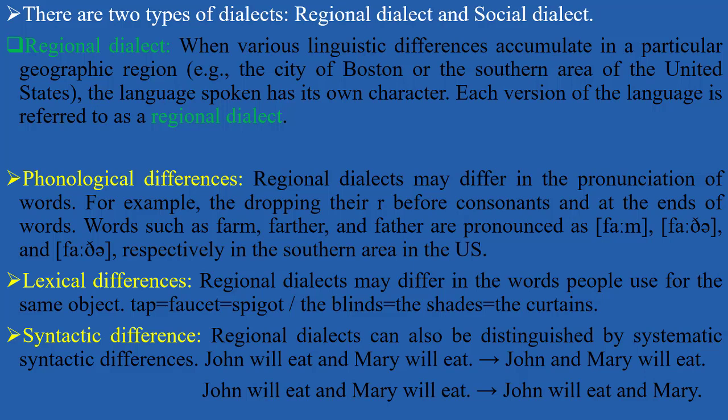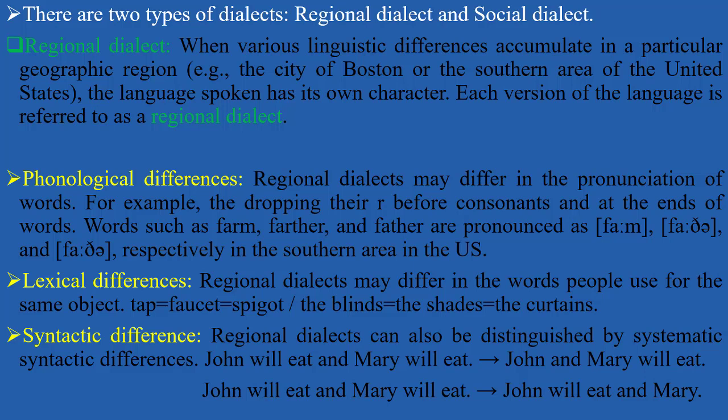For example, the dropping of R before consonants, you can correct that when you're taking notes from this video. So the dropping of R before consonants and at the end of words, such as farm, father, and father, are pronounced as farm, father, and father, respectively, in the southern area in the US.